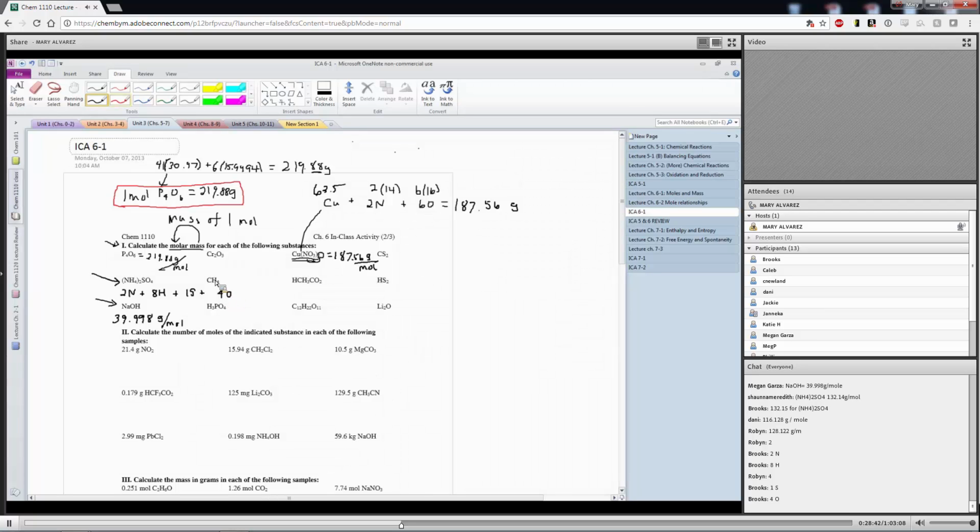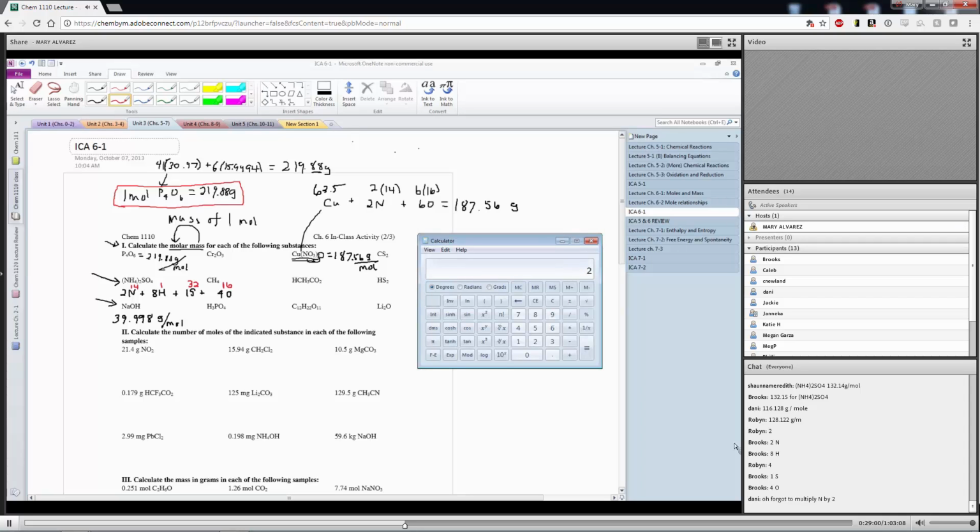So if each oxygen is about 16 grams per mole, and each sulfur is about 32 grams per mole, each hydrogen is about 1 gram per mole, and each nitrogen is about 14 grams per mole, then we can say 2 times 14 plus 1 times 8 plus 32 times 1 plus 16 times 4 gets me about 132.